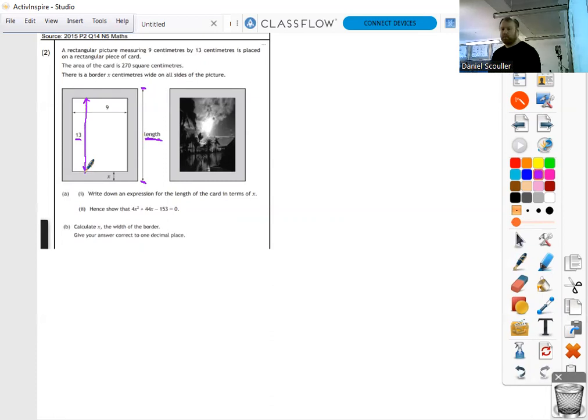So the total length of that is that 13 plus that X term there, which goes all the way around. That's the thickness all the way around.